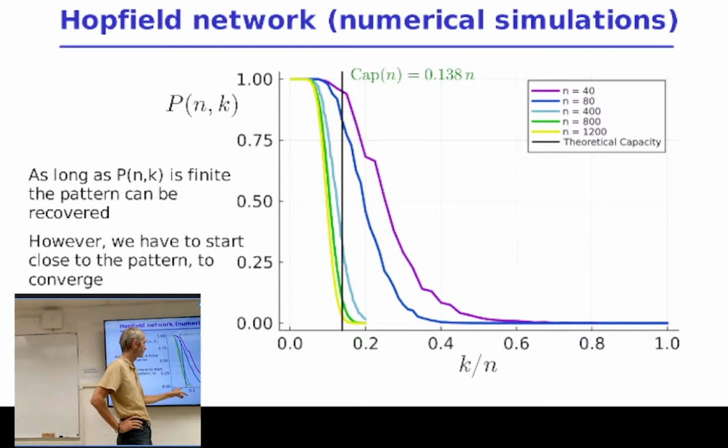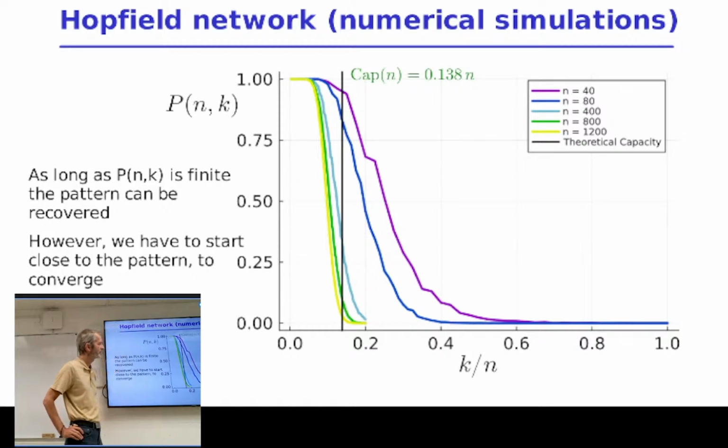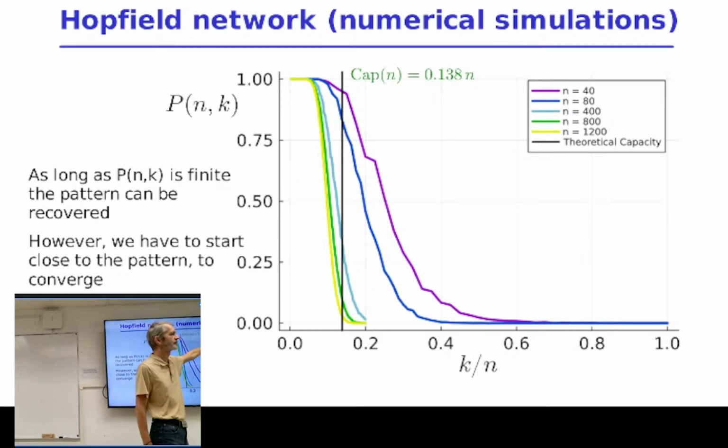And so you can see that for small values of k over n, this is 1, and then it drops and becomes very quickly equal to 0. But you see that this theoretical value, 0.138 n, is like the limit where this probability is still finite in the limit of large network size.